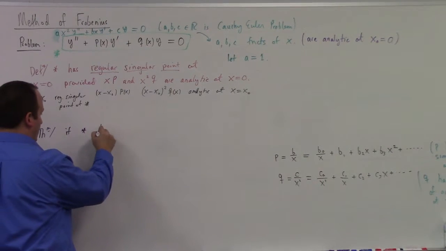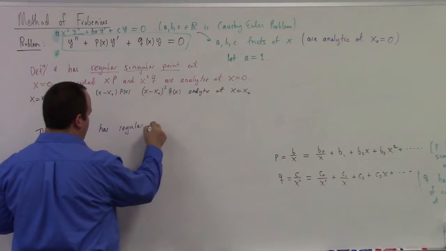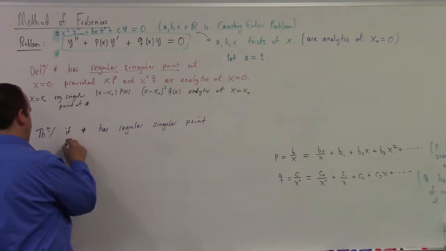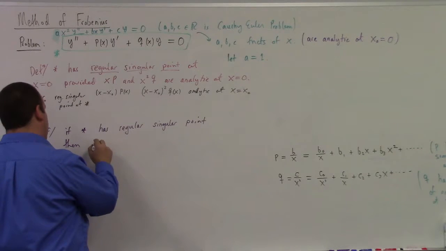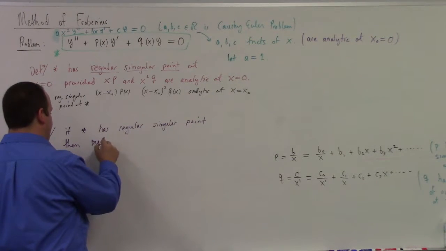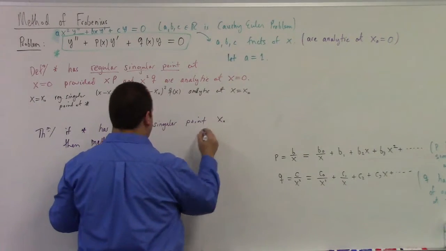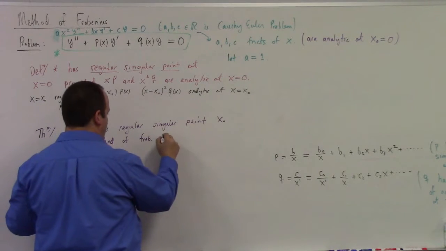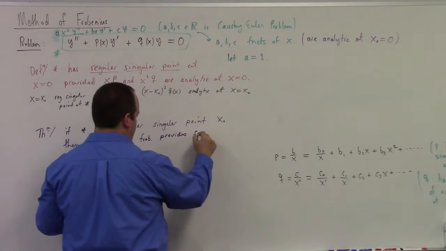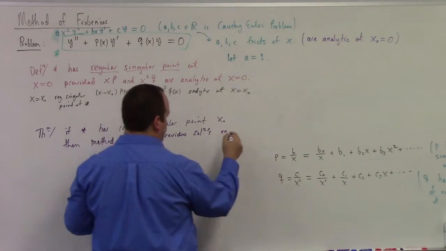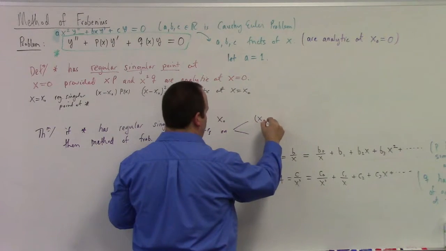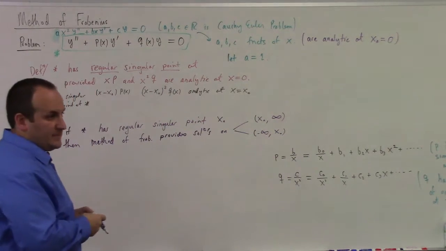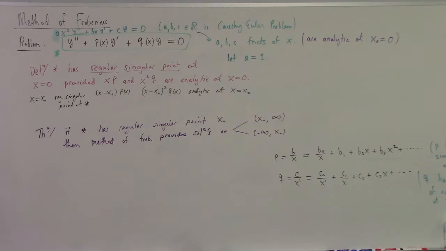If star has a regular singular point, let's say x naught, then the method of Frobenius provides solutions on, you got two choices basically, either x naught, not included, to infinity, or minus infinity to x naught, not included. So that's the nature of the Frobenius solutions.